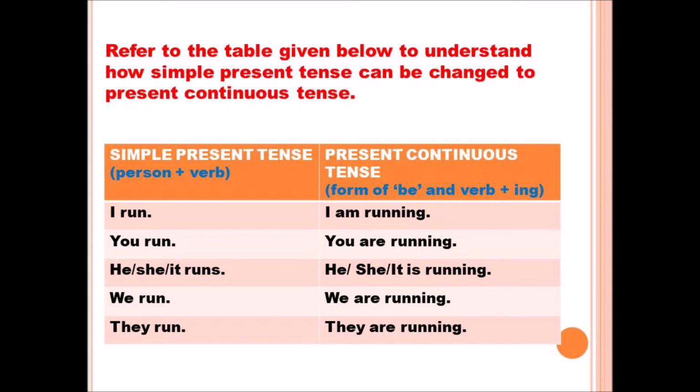See the example, he runs, she runs, or it runs. So how is it changed to present continuous tense? He is running. As I already said, is is a be form of verb, run is a verb, and we have added ing along with it. So he is running, she is running, and it is running.